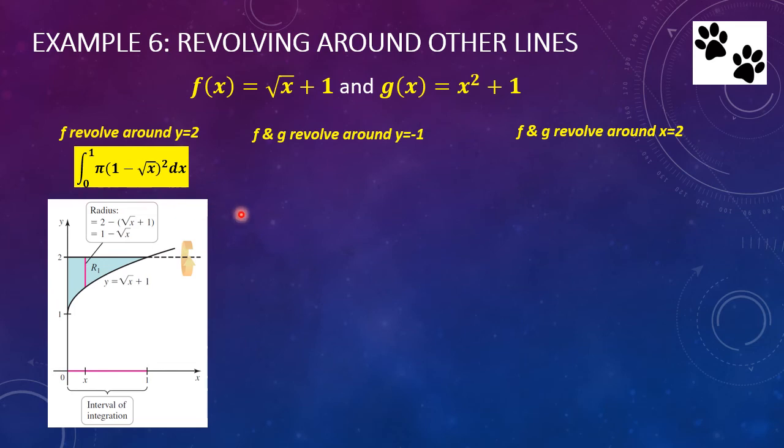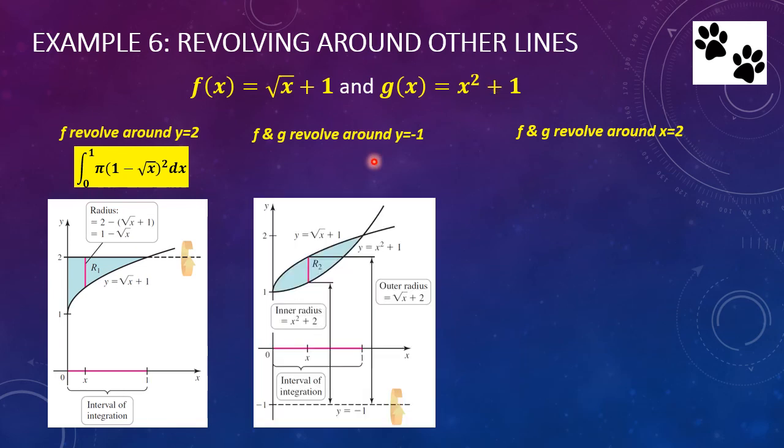Okay. Our second problem here is using the region bounded by f and g that revolves around y equals -1. Now this is an interesting problem, and when I first tried it, I actually got confused on this because I can see that I'm 2 units away, right?